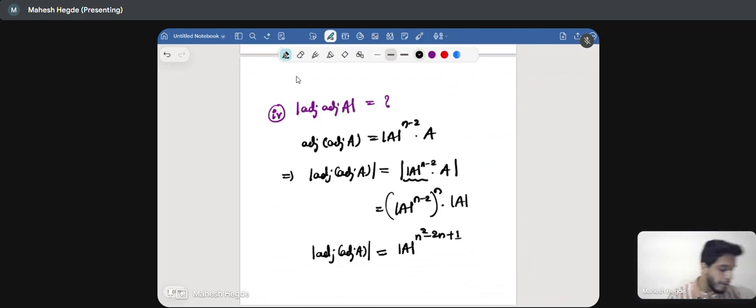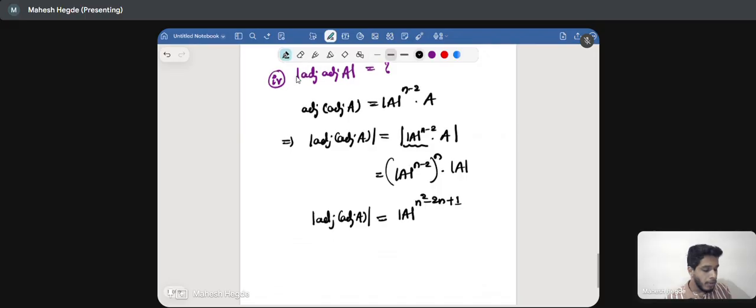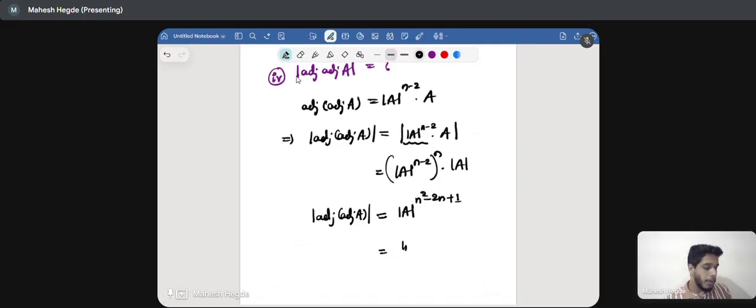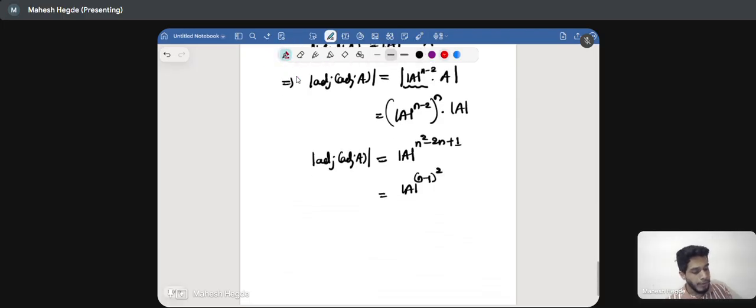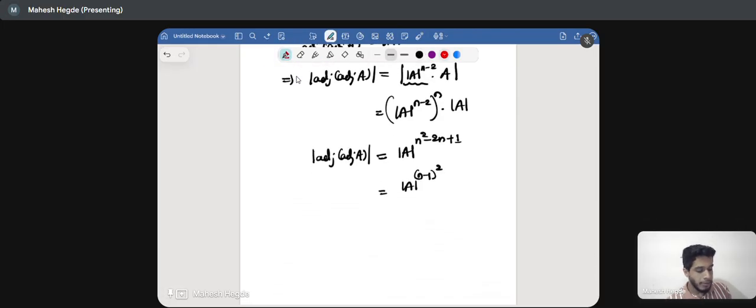So determinant of A power n square minus 2n plus 1, this expression is nothing but determinant of A power n minus 1 the whole square. So the fourth result precisely we have seen is determinant of adjoint of A is determinant of A power n minus 1 the whole square.